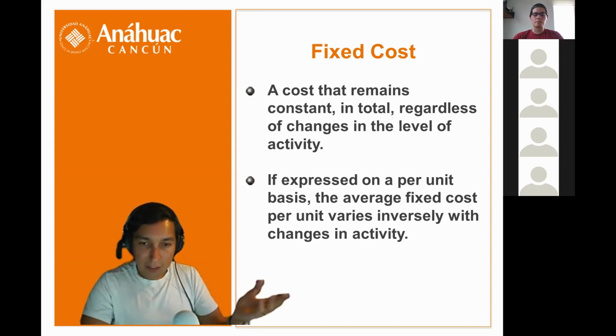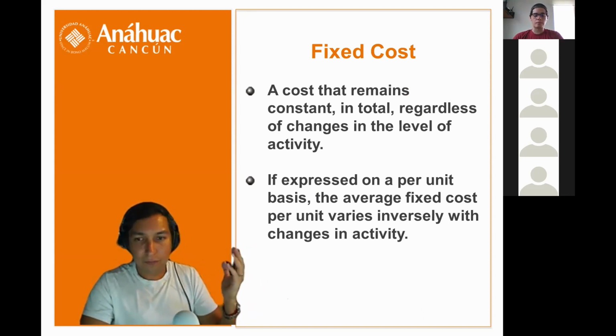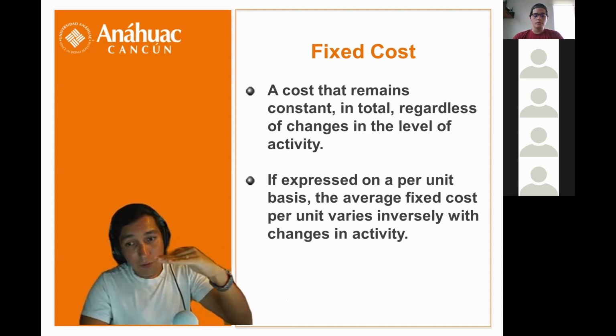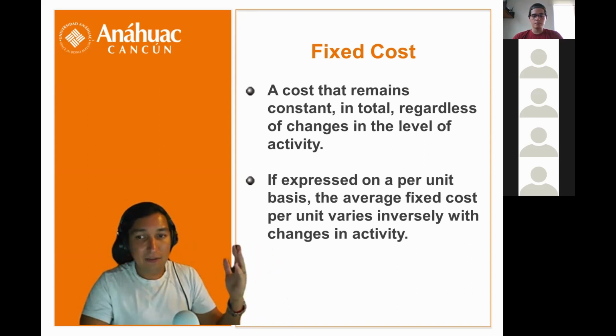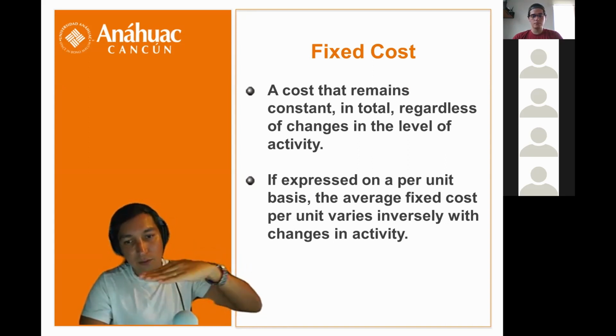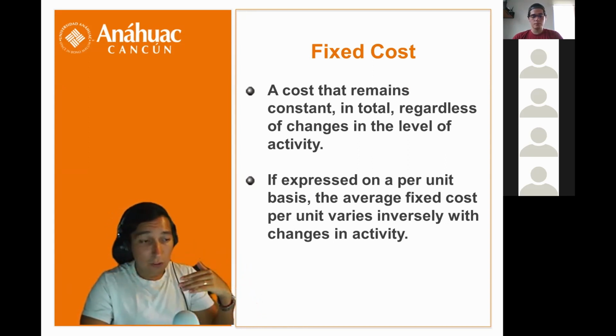So think about something like rent on the manufacturing facility, that is fixed for the whole month, and we know that it's $20,000 per month. Whether we make 0 units of widgets or 100 units or 100,000 units, the rent is going to be 20,000. So it doesn't go up or down because we made more units of product or less units of product. Okay, does that make sense?